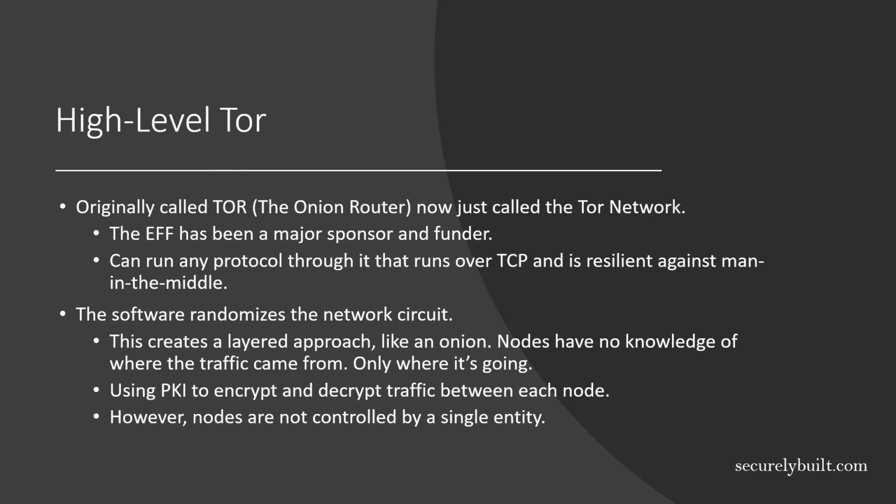It's an open type of network. So basically, the way the Tor network works, and we'll show a diagram here in a second, is that the reason why it was called the onion router was because it's basically a layered approach to sending network traffic. So, show here.